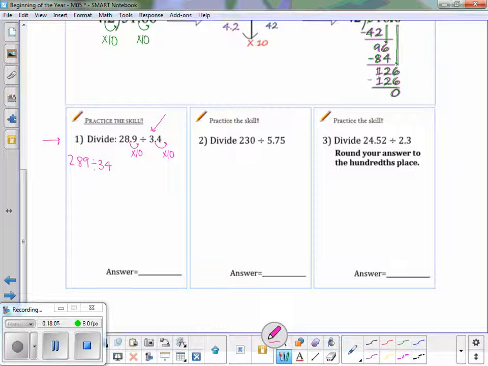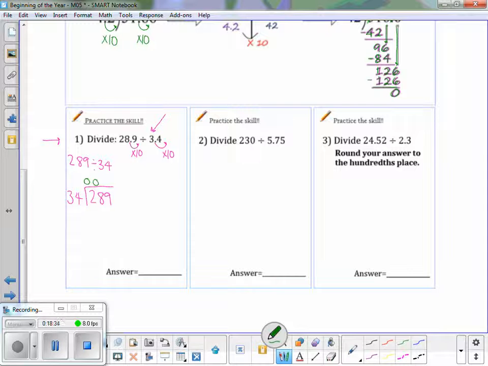So I'm going to write this just kind of in an algorithm form here, so we can begin solving it. 34 does not go into 2, it does not go into 28, but it does go into 289. Now, what I know is that 34 times 10 is 340. So 34 times 9 is going to be just a little bit more than 300.